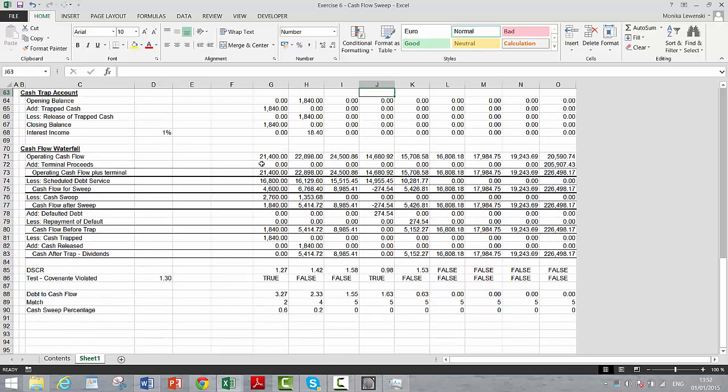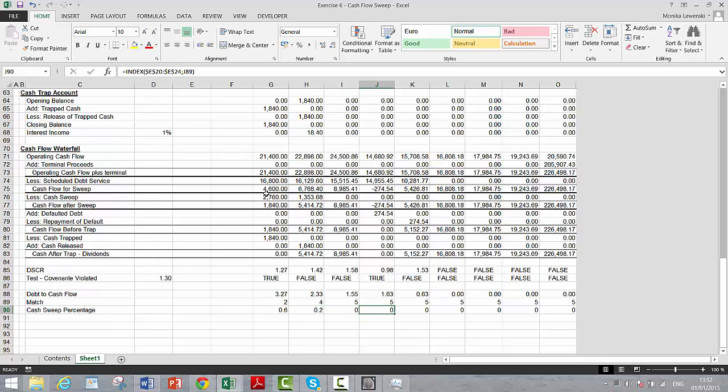Okay, and so I just put some underlines here, and you can see that in the first year we had some cash flow sweeps, we had a cash trap here. In the next year we were able to release the cash flow trap. The debt to EBITDA went down so much that we only had 2 times, and our cash sweep went down to 20%.